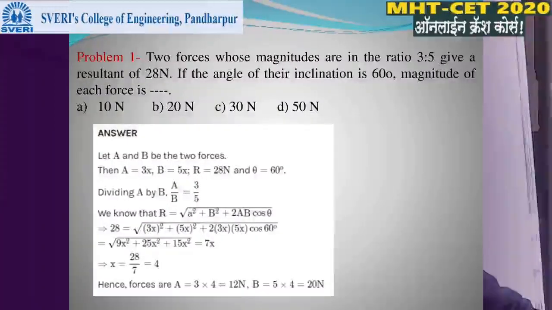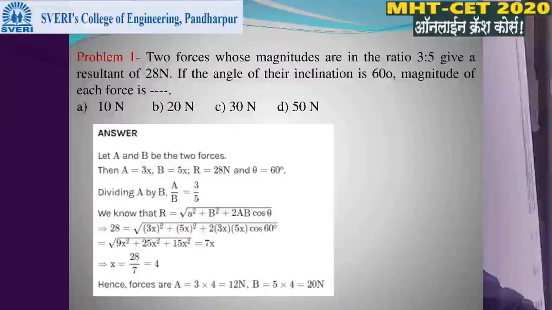Two forces whose magnitudes are in the ratio 3:5 give a resultant of 28 Newton. Then if the angle of their inclination is 60 degree, then the magnitude of each force is 10 Newton, 20 Newton, 30 Newton or 50 Newton. Okay, what is told in the question?